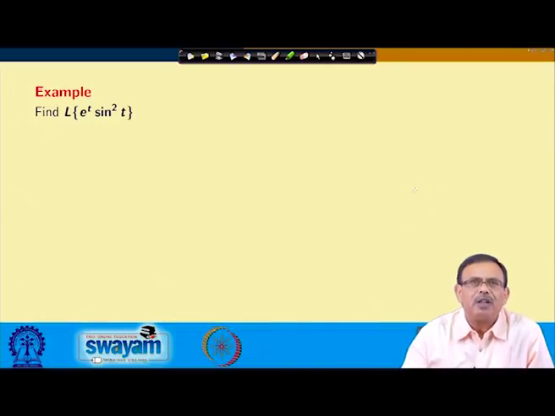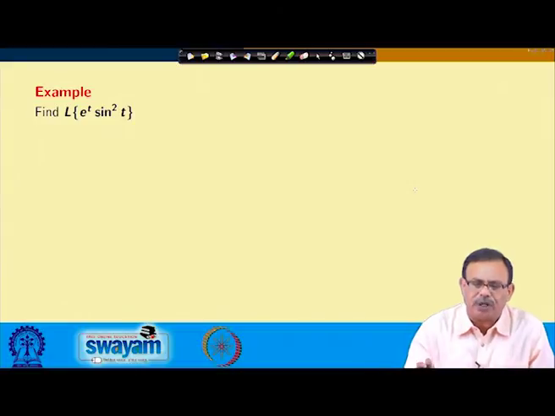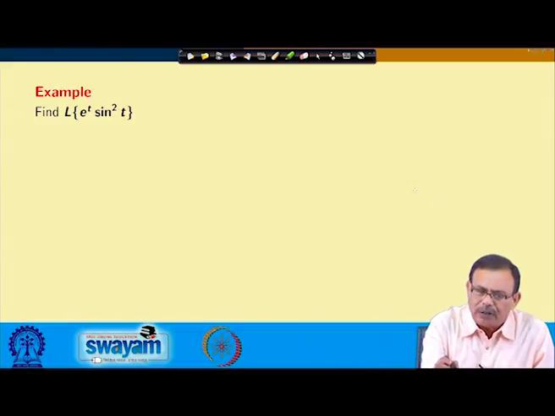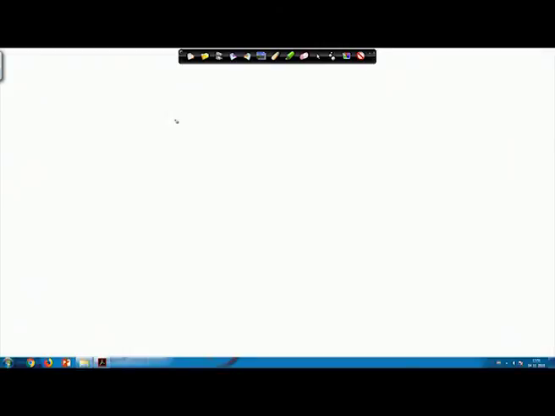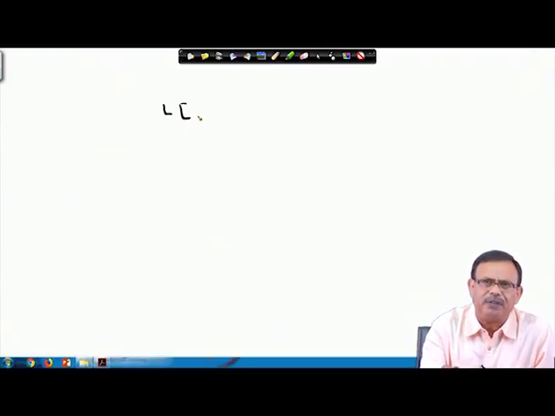Next, see another problem, e power t into sin square t, a combination of e and the function sin t also. Since I know the Laplace transform of e power at f(t), if I know the Laplace transform of f(t), from there I can find the Laplace transform of e power at f(t).